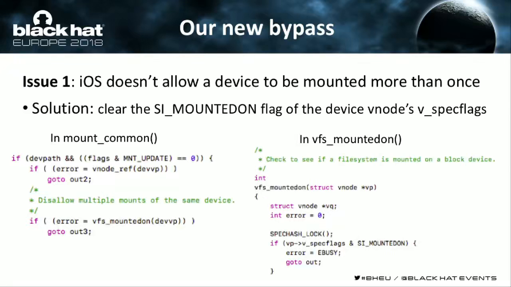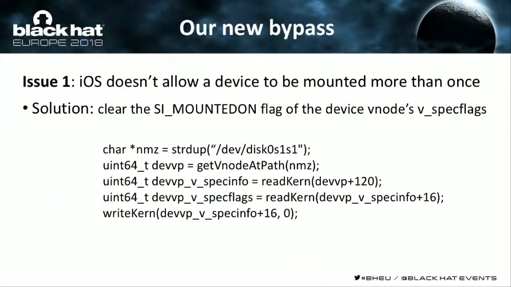My solution to this issue is that we can clear the mounted on flag of the root device's vspec flags. Once we clear the mounted on flag in the spec flags, we are able to mount the device twice, three times, or many times.